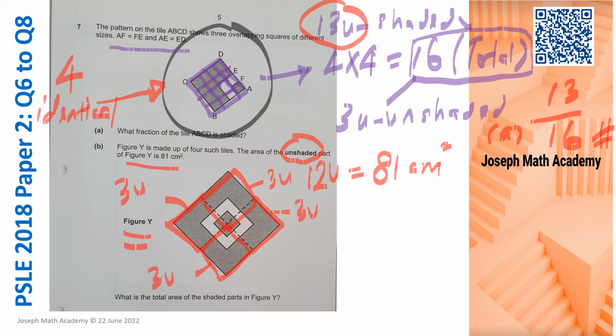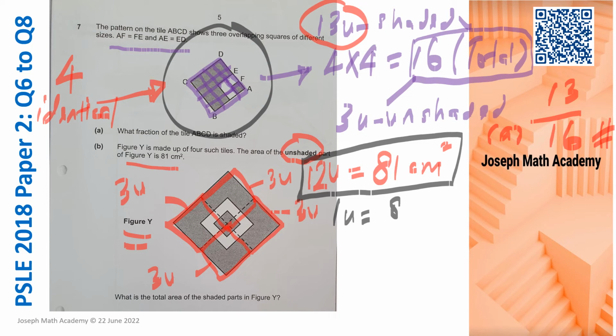So this is a very important equation. So 12 units is unshaded, and 12 units equal to 81 square cm. We can find what is 1 unit. So 1 unit is 81 divided by 12. That gives us 6.75.